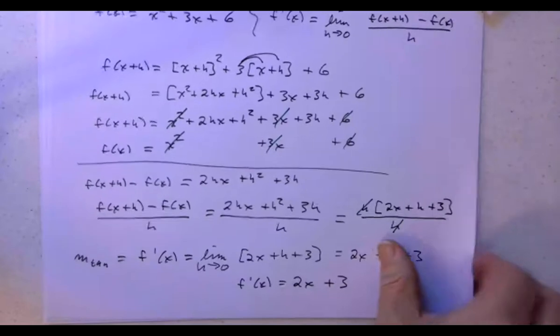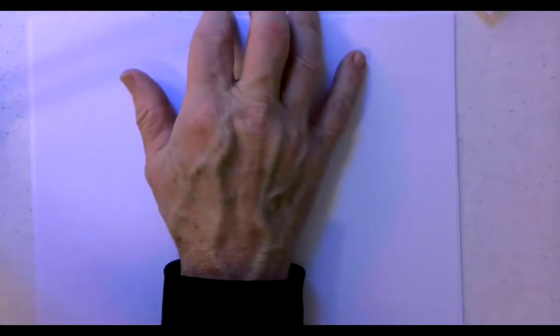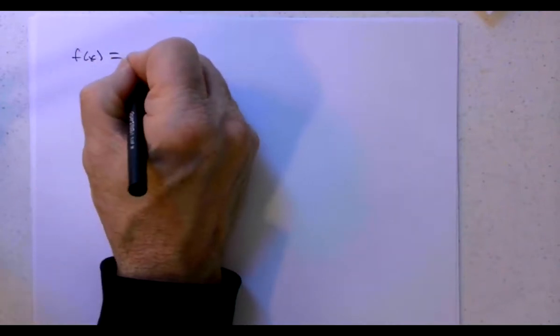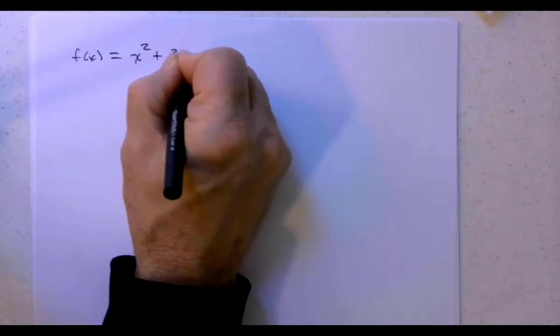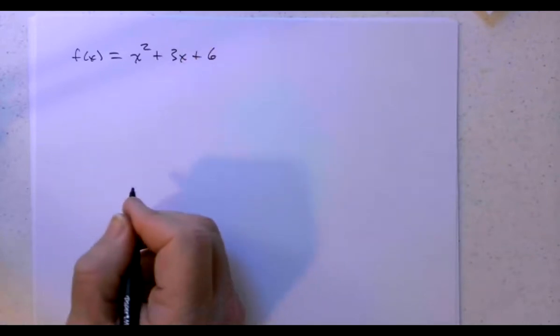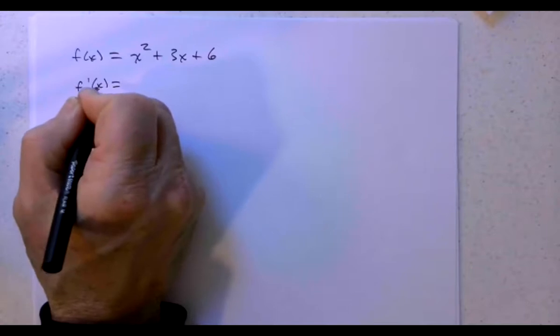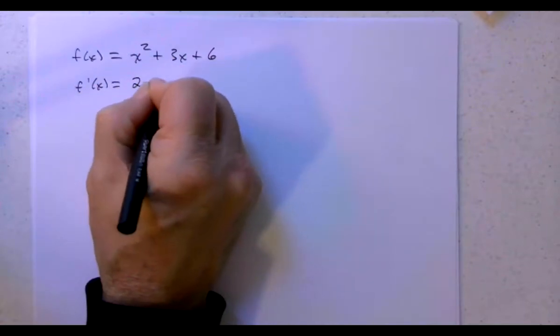So let's make sure we understand the question. Our function f of x equals x squared plus 3x plus 6. Our derivative that we just did, f prime of x, is 2x plus 3.